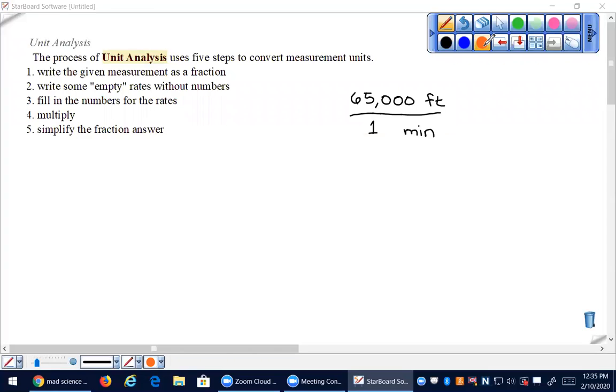What rates will we want? Well, we'll need to get from minutes to hours. And we'll need to know that 1 mile is 5,280 feet.